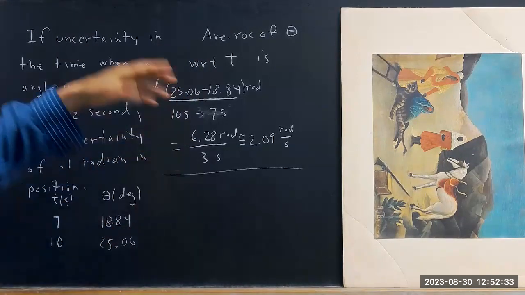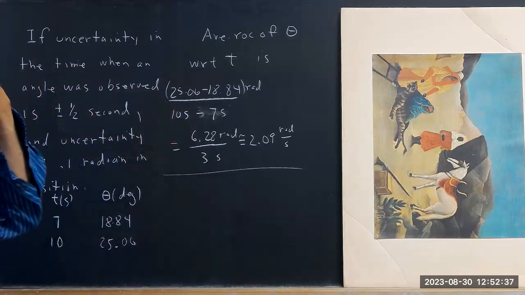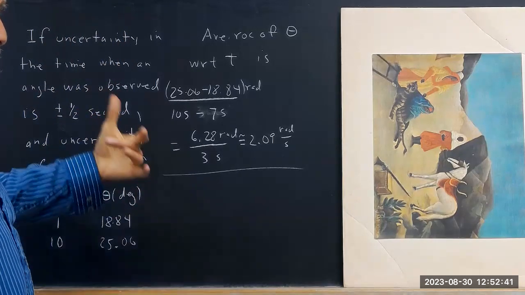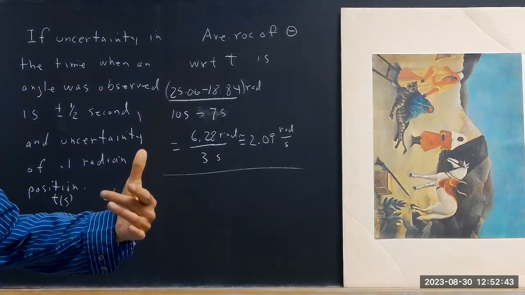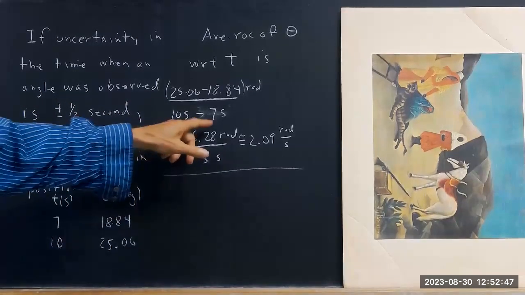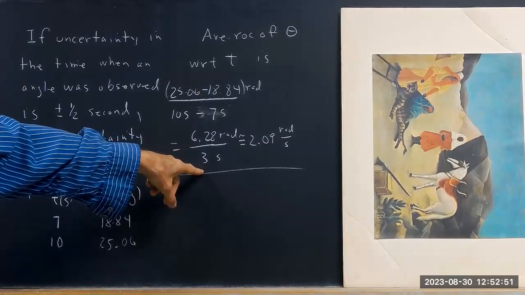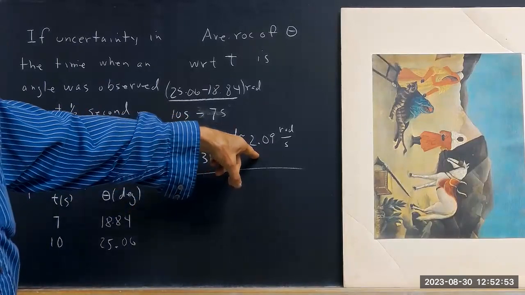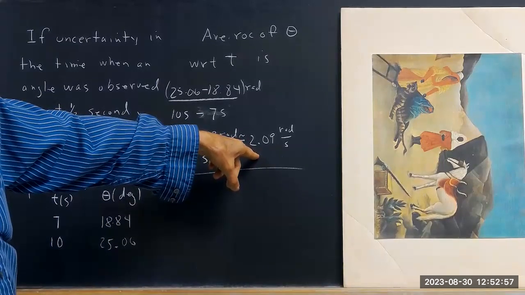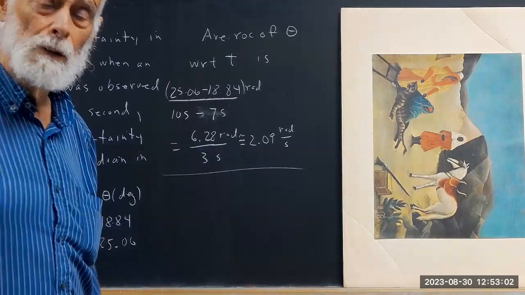Now, in the actual situation, it could be 6.1 seconds and 10.9 seconds. Okay, there could be a 1 second swing in this, so this denominator could be close to 4. It gives you something like 1.5 radians per second. Okay. So that 0.09 doesn't mean a darn thing.